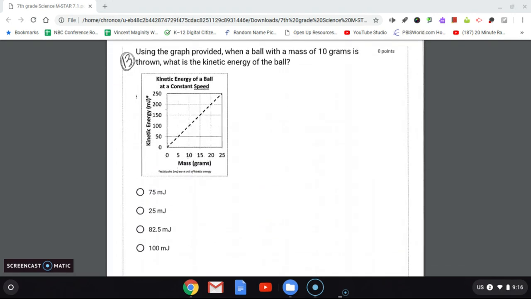Number 13, using the graph provided, when a ball with a mass of 10 grams is thrown, what is the kinetic energy of the ball? 75, 25, 82.5, or 100?